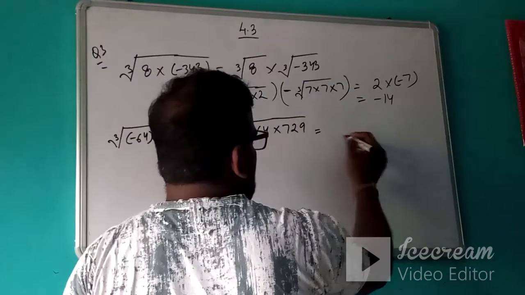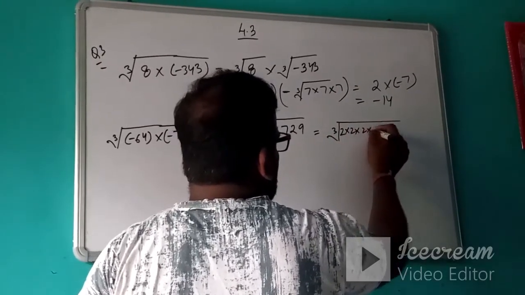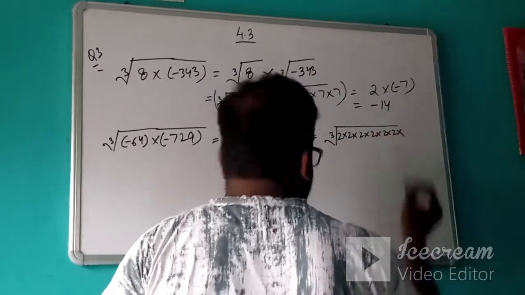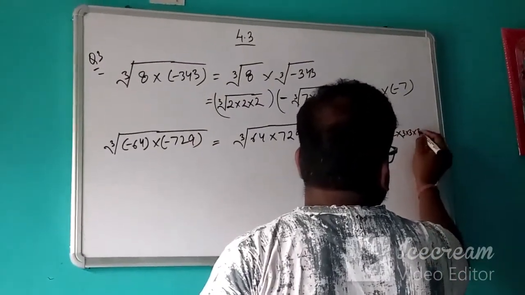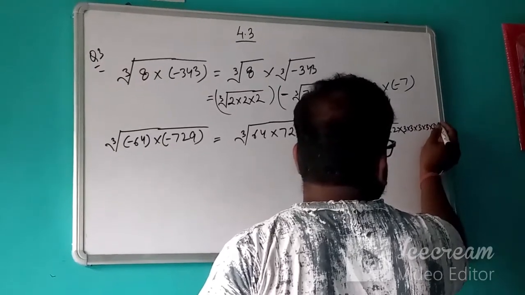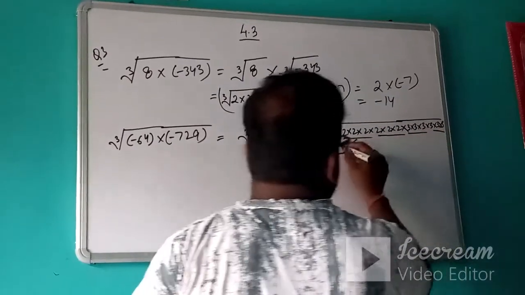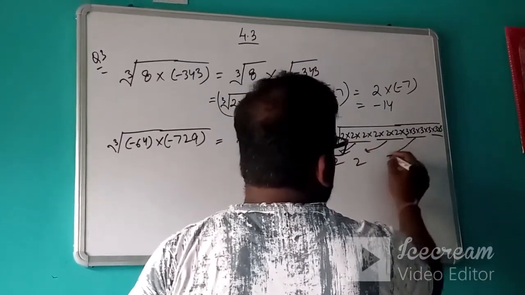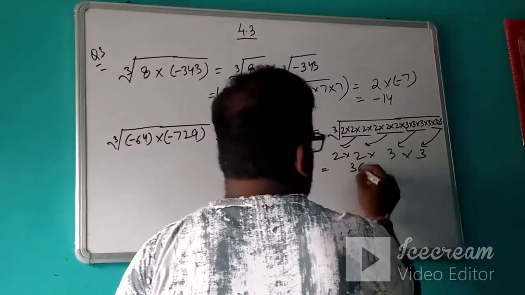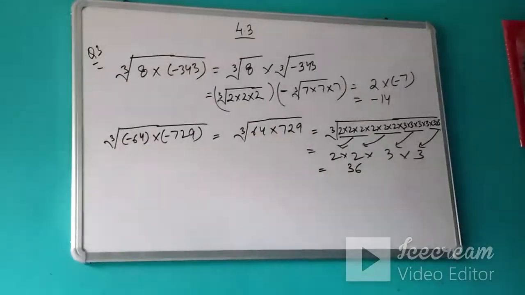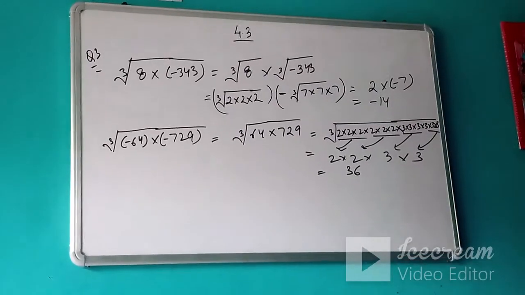Now we will do the prime factorization of individual numbers, that is 2 into 2 into 2 for the 64 part, and 729 we can write as 3 into 3 into 3 into 3 into 3 into 3. So you will get 2, 2, 3, 3, that is 36.